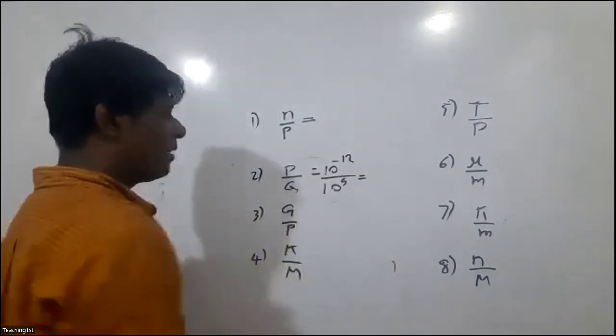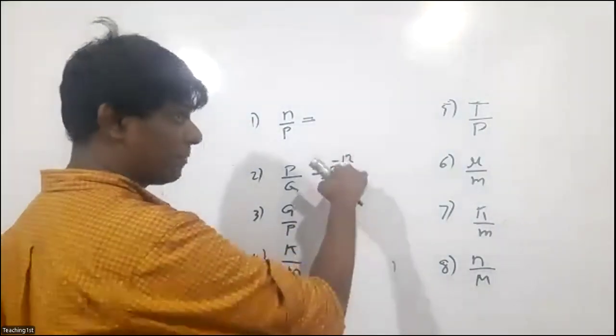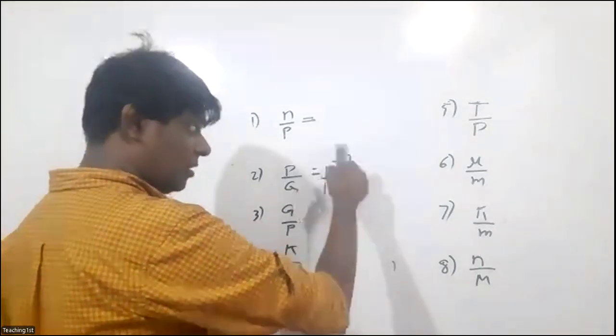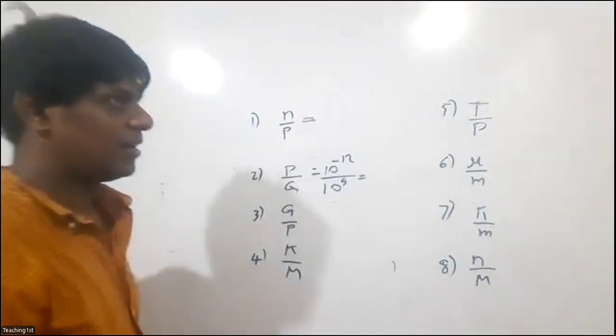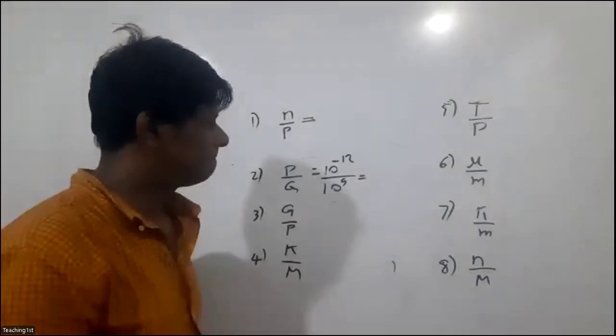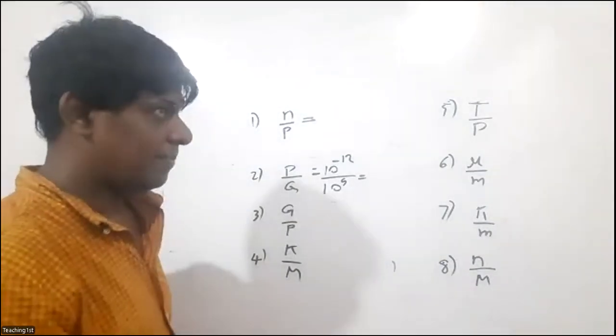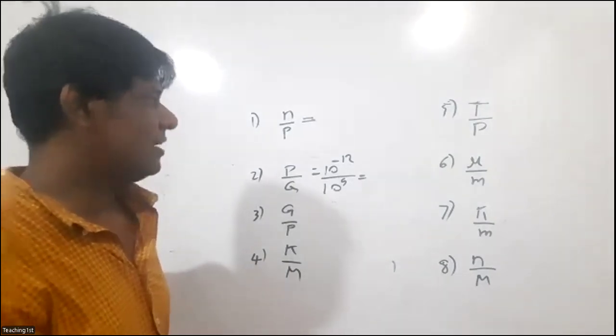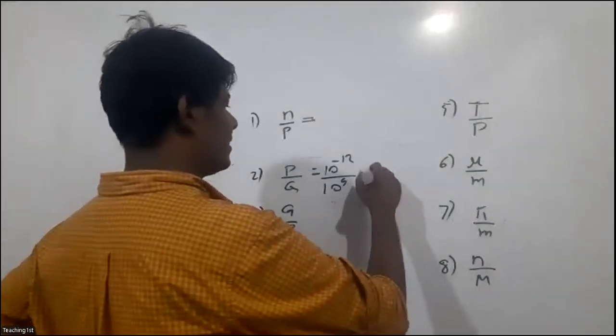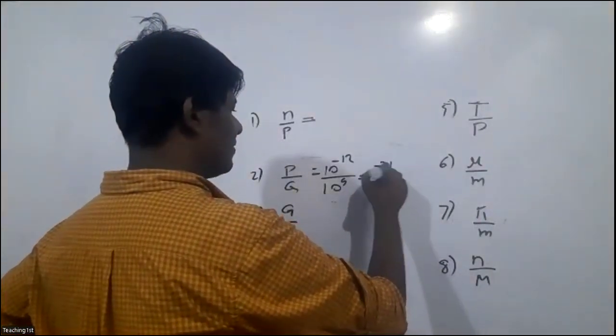So it is also on minus 12 minus 9. When you subtract minus 12 and minus 9 together, minus 21. 10 to the power minus 21 is the answer.